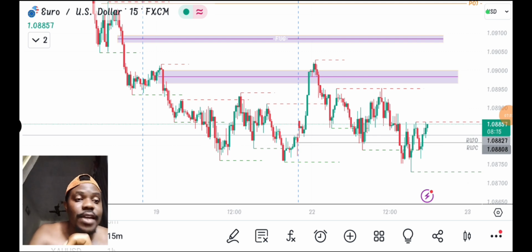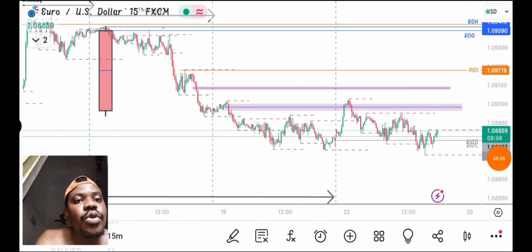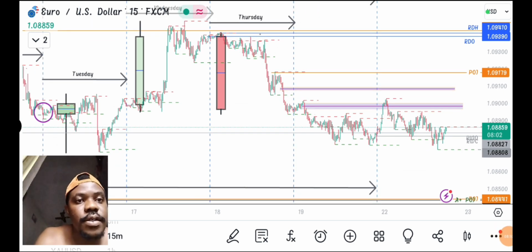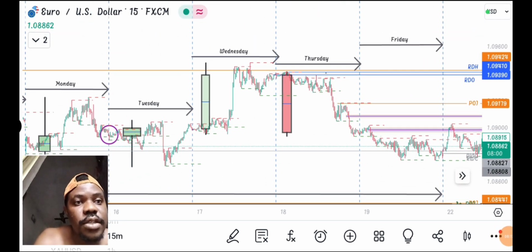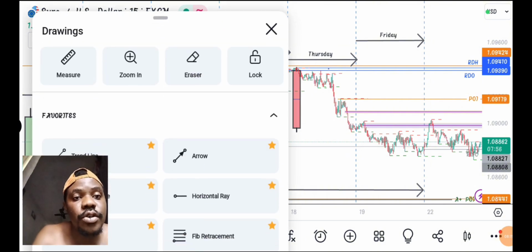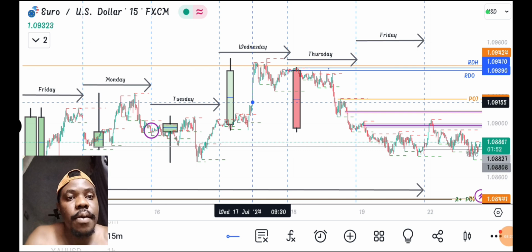So we were kind of bearish last week with what I'm already seeing now. We'll get to that part. So the next thing we want to find on our chart is the highest point where price got to and the lowest point price got to inside of this particular Monday to Friday trading range.